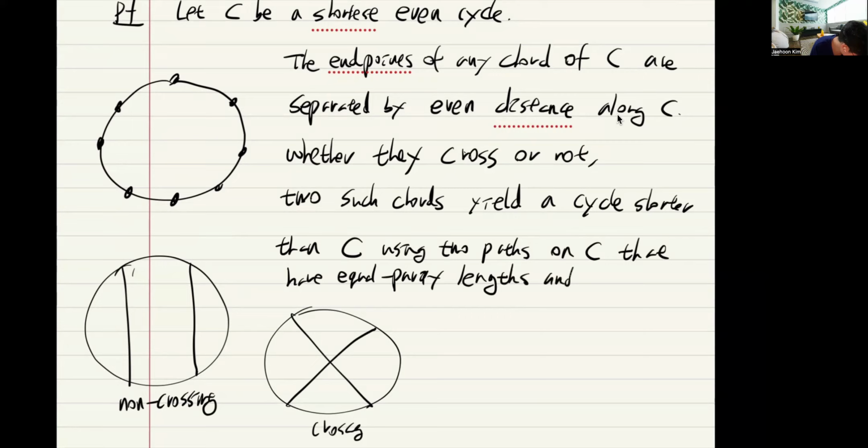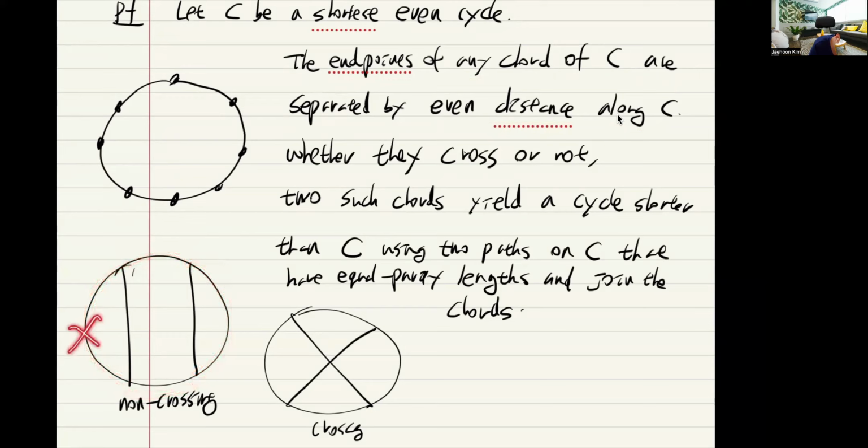Meaning that what? This and this have, according to this, length even, this length even. So the total length is even.